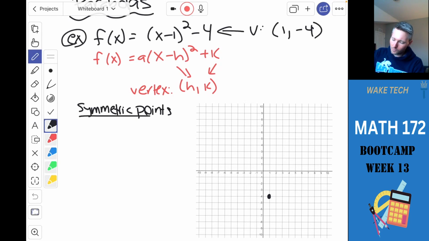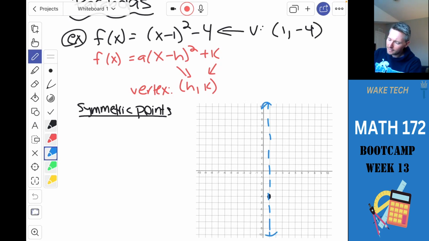And so what that's getting at is the symmetric nature of a parabola. One of the other characteristics associated with a parabola is the axis of symmetry, and that's the vertical line passing through the vertex of the function, or of the graph.